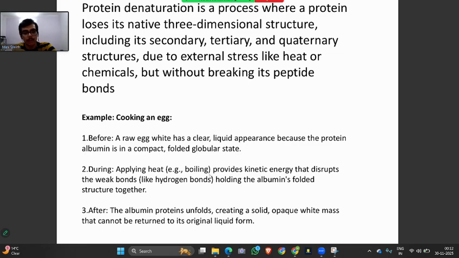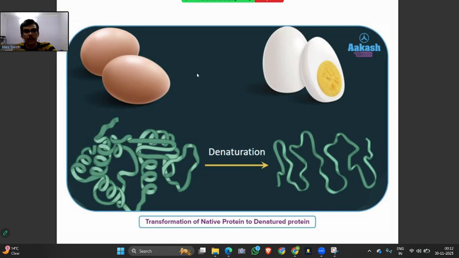Applying heat, for example boiling, provides kinetic energy that disrupts the weak bonds, like hydrogen bonds, holding the albumin's folded structure together. The albumin protein unfolds, creating a solid opaque white mass that cannot be returned to its original liquid form. This is an example of the denaturation of protein.